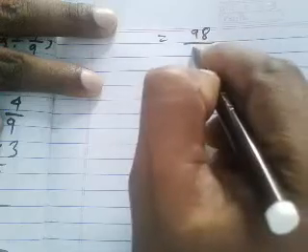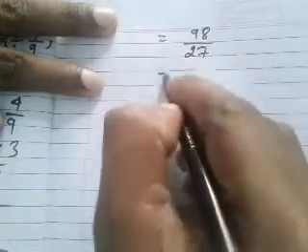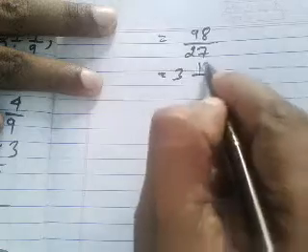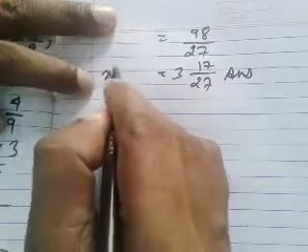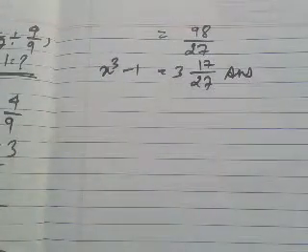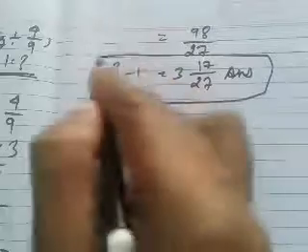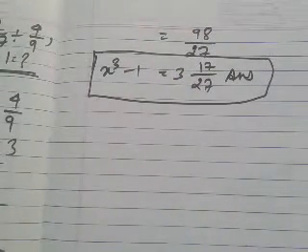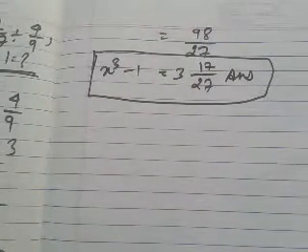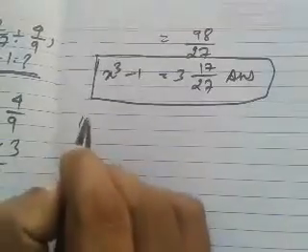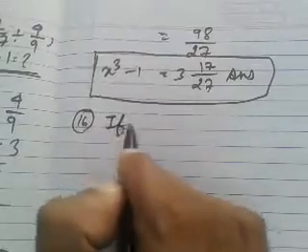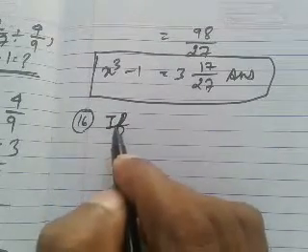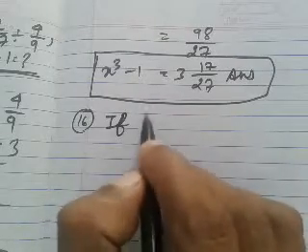Now after solving we will get 98 upon 27. The final answer will be 3 and 17 upon 27. This will be the final answer for the expression x cube minus 1, and this will be correct. You can also try this question by yourself.